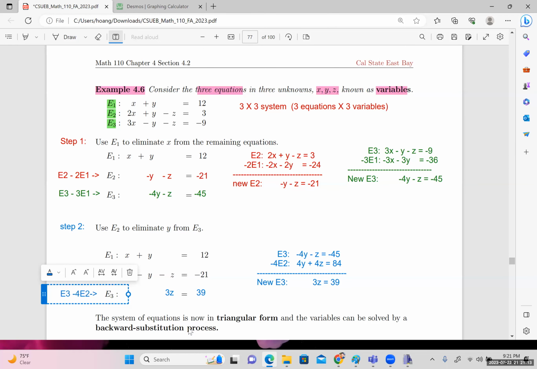Okay. Now look at the system now. If you look at the left-hand side and you draw lines, you draw 3 lines around the left-hand side of the system, you will see a right triangle here, right?